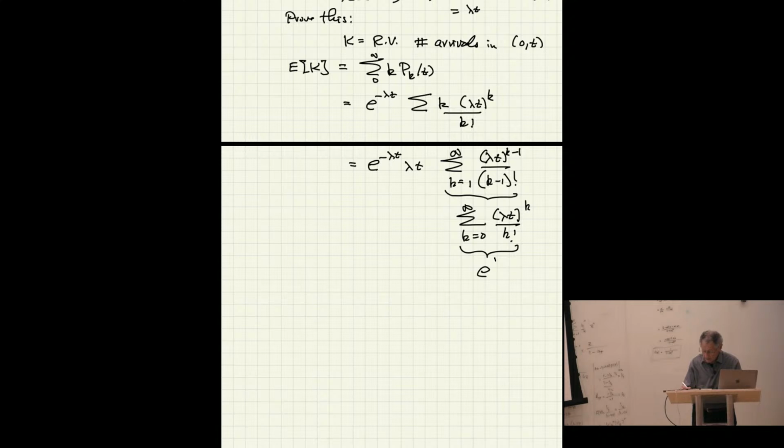It's e to the lambda t by definition. So this whole thing is simply lambda t, as I argued at the top of the page. So the expected value of the number of arrivals in t seconds is lambda t for a Poisson process.